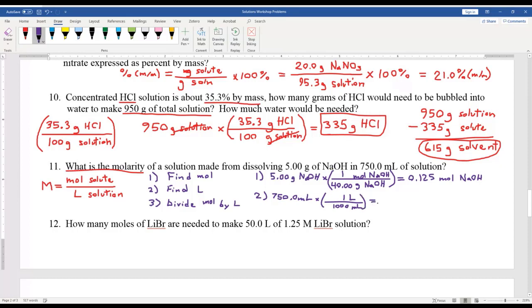And that's going to give me 0.750 liters. So then all I have to do to calculate the molarity is divide the moles by the liters. And that's 0.125 moles over 0.750 liters.